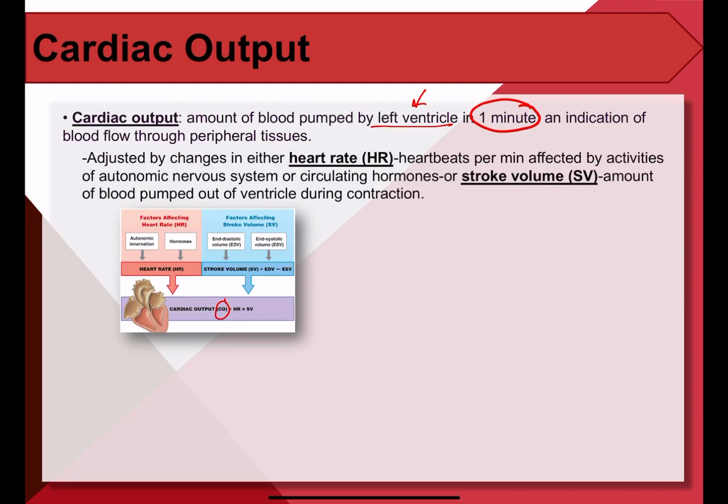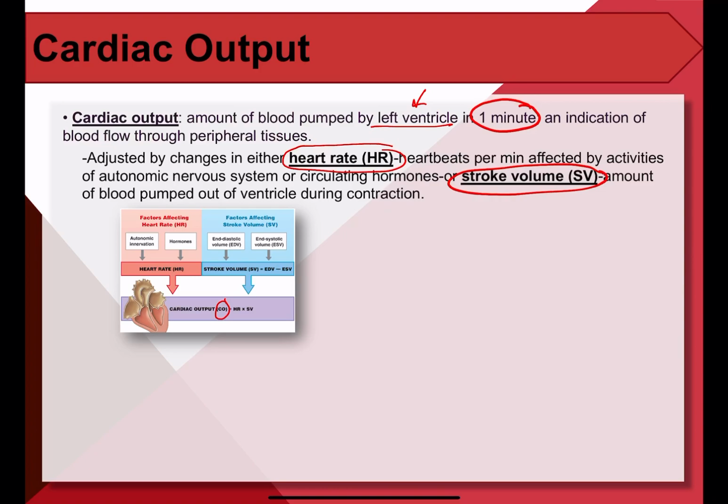Because you have to know how to apply these formulas as well. So cardiac output is affected by two things. One of the things it is affected by is how fast the heart beats, which is the heart rate at which the heart is pumping. And you multiply that by how much blood actually gets pumped out of the ventricle during contraction, which is defined as stroke volume, or SV, as we have defined earlier within the cardiac cycle. So to calculate cardiac output, we can multiply heart rate with stroke volume.